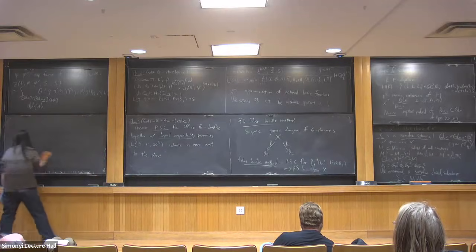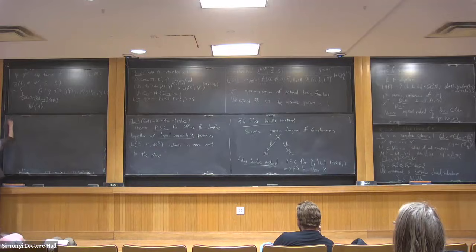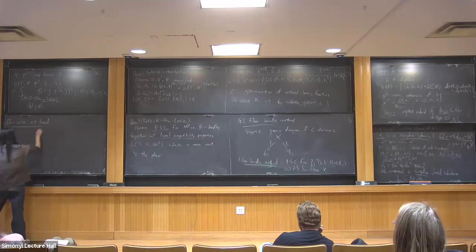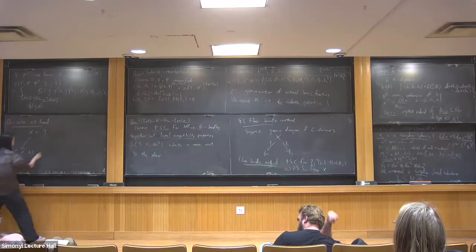So for our case at hand, we have this X cross Y. We have two maps from X cross M, and then the other two.